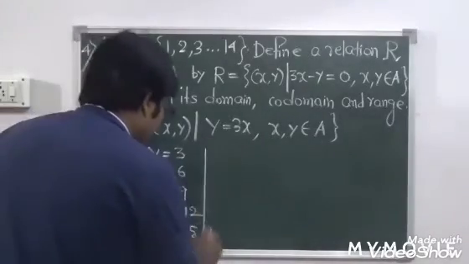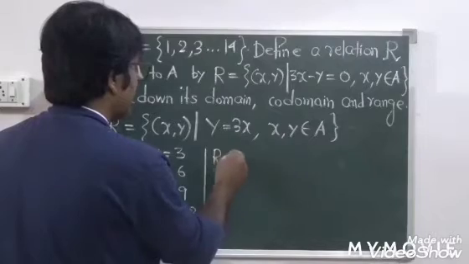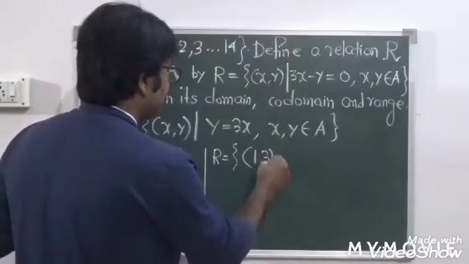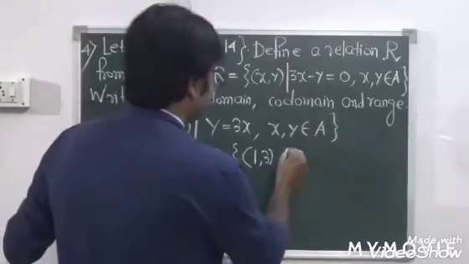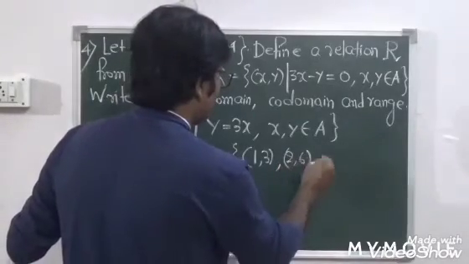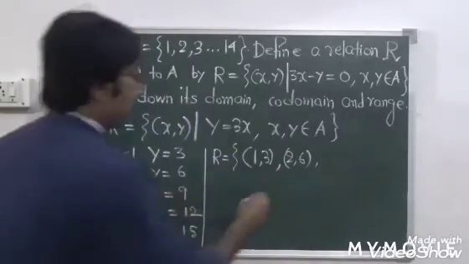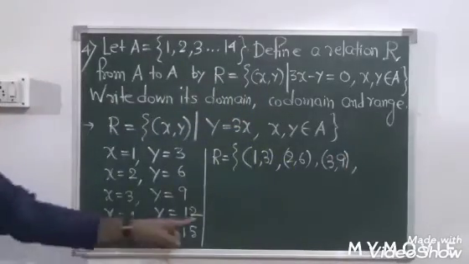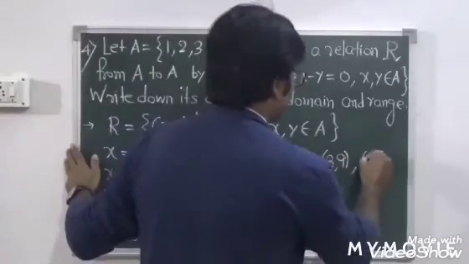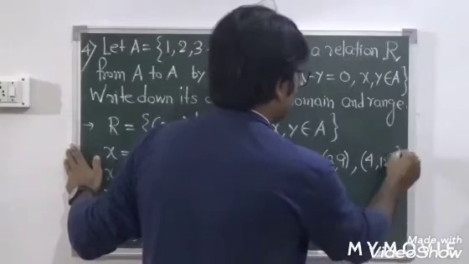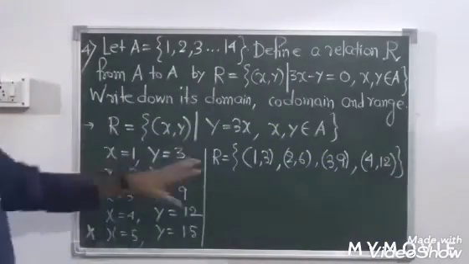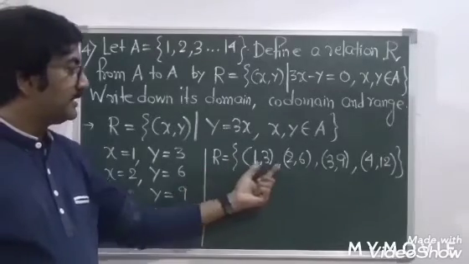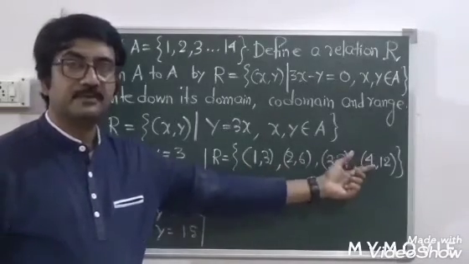So our relation stands as R equals (1, 3), (2, 6), then we have (3, 9) and (4, 12). So these are the elements, or the members, of this relation: (1, 3), (2, 6), (3, 9) and (4, 12).